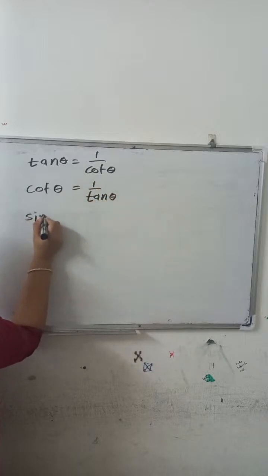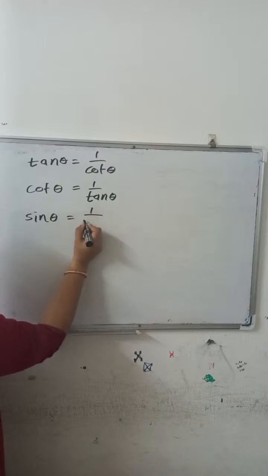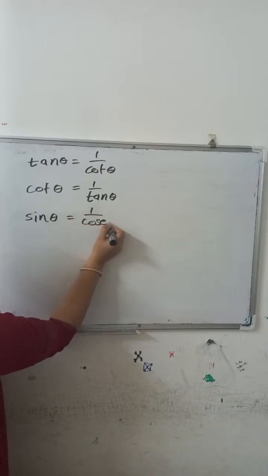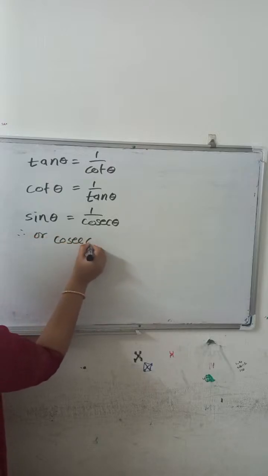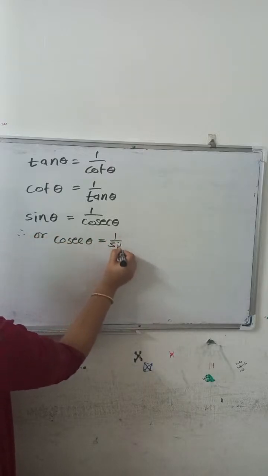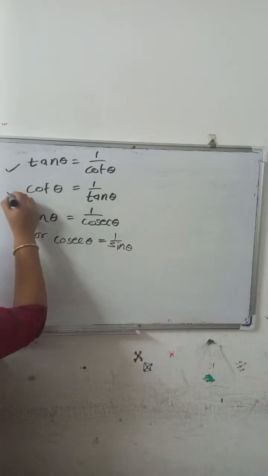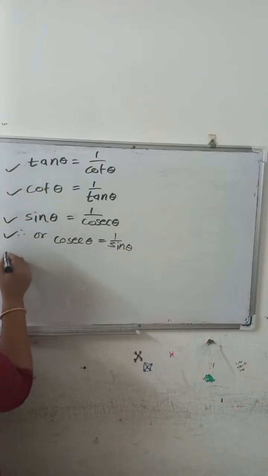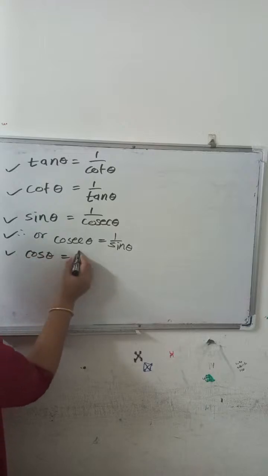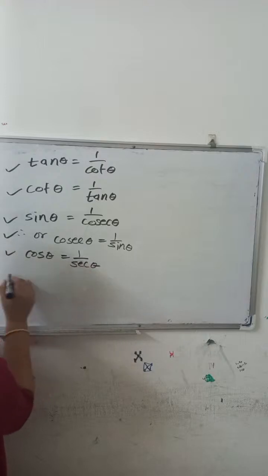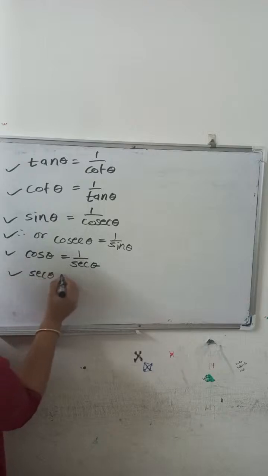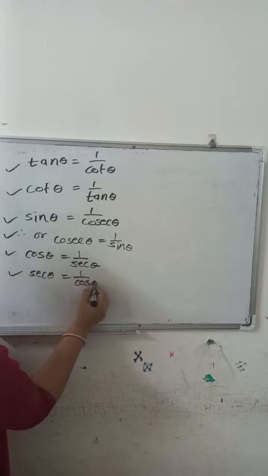Write down: sin theta is equal to 1 upon cosec theta, or cosec theta is equal to 1 by sin theta. The next one: cos theta is equal to 1 upon sec theta, or sec theta is nothing but 1 upon cos theta.